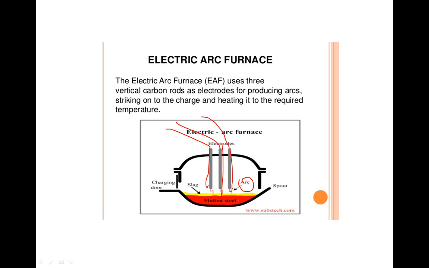After the metal reaches its molten form at the particular temperature, take the molten metal in the crucible or the ladle, and take this crucible to the molding box. So this is the electrical arc furnace.